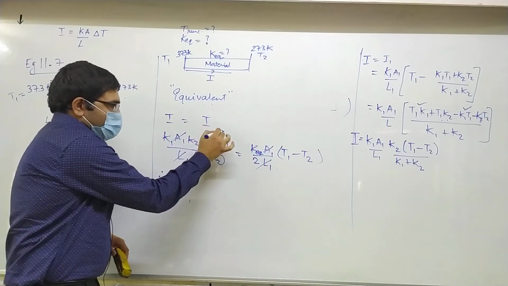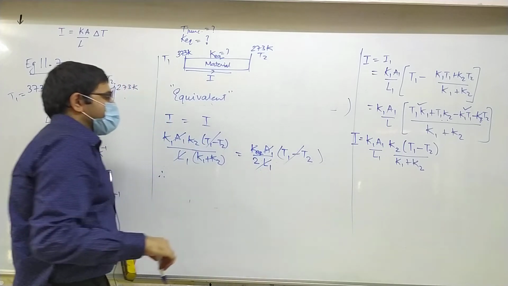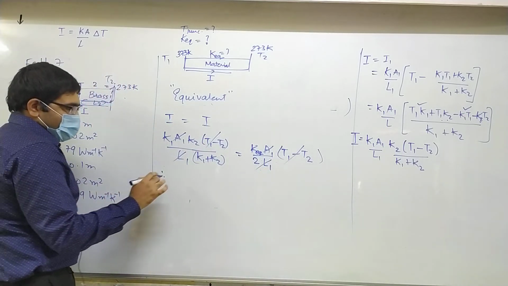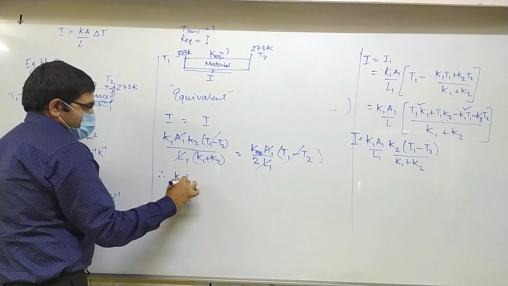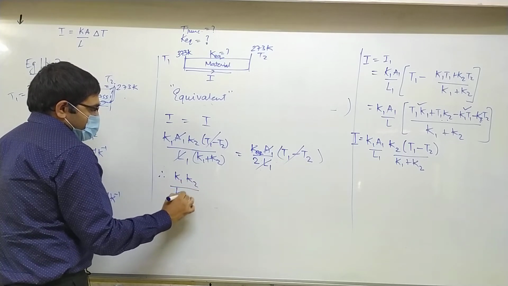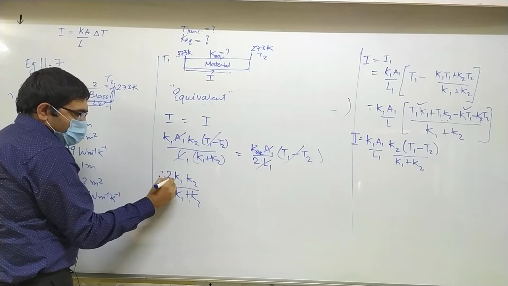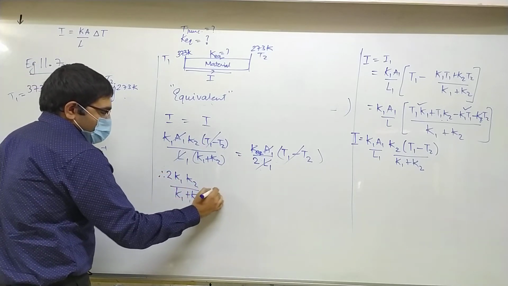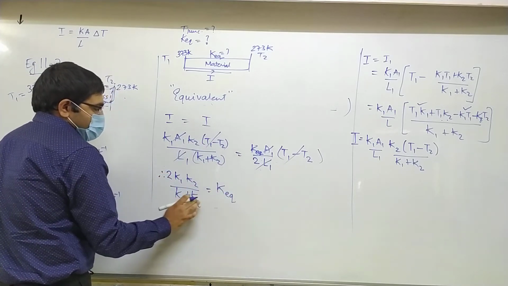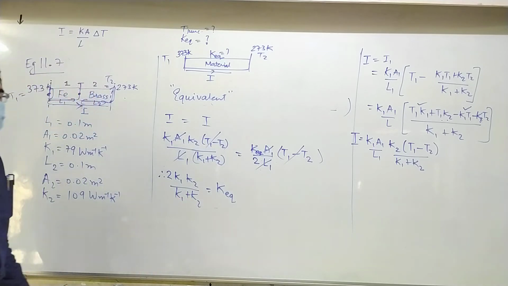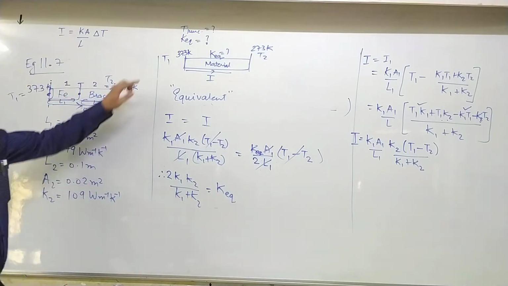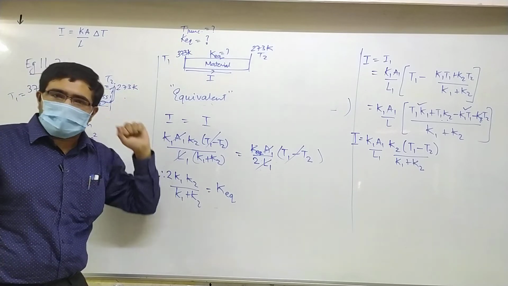T1 minus T2 also cancelled. So ultimately what we have is K1, K2 upon K1 plus K2. And this 2 we can multiply over here. So we get 2K1, K2 upon K1 plus K2 is equal to K equivalent. So this is the expression for equivalent thermal conductivity.